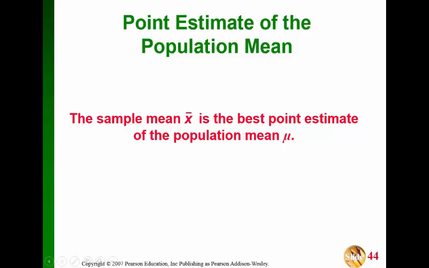All right. So the best estimate for your population mean mu is your sample mean, not sigma, your sample mean x bar. Just like p hat and p, it just makes sense, right? You wouldn't use your standard deviation to estimate your mean.